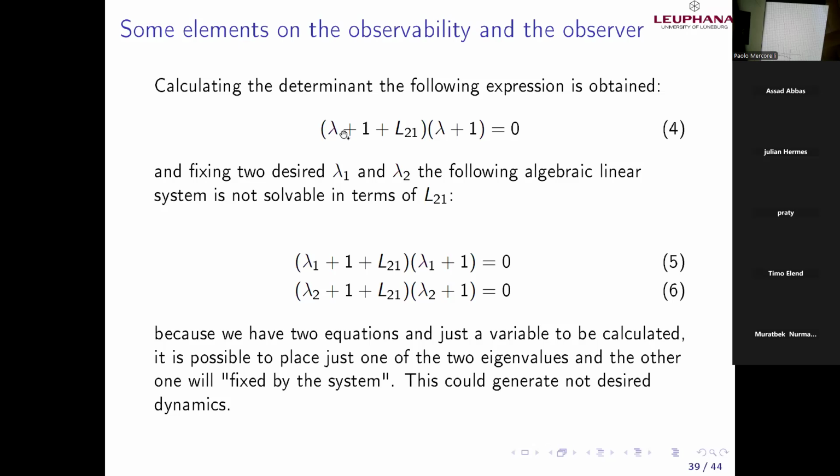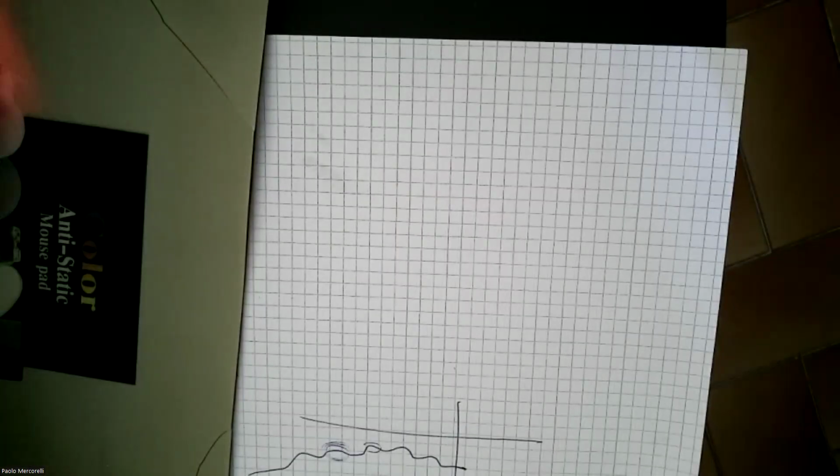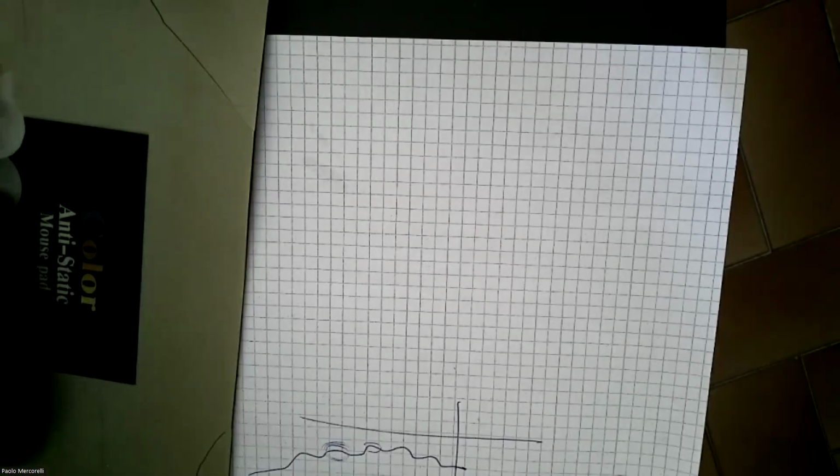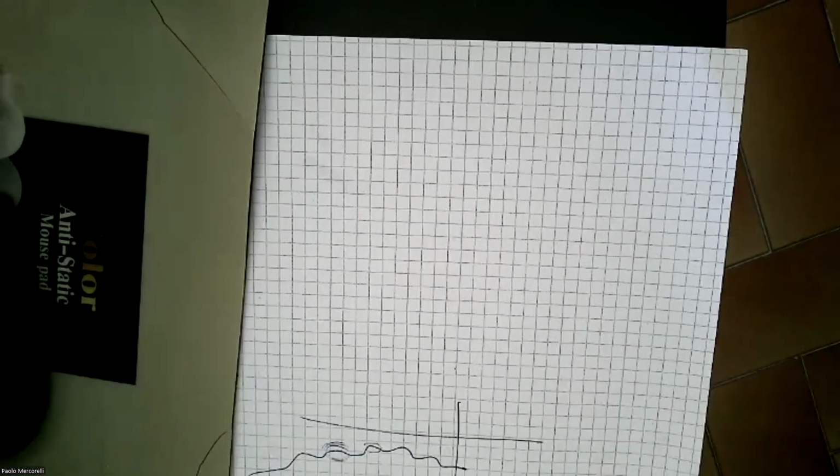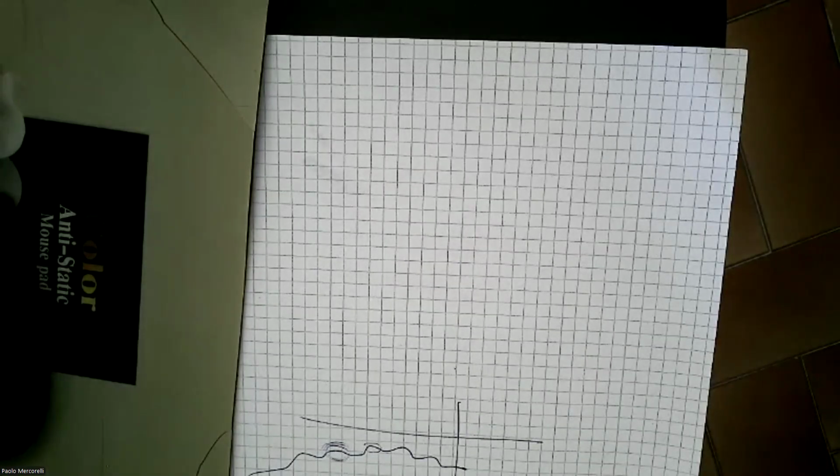If you do this product here, let me sketch. It's easier to show you the calculations mathematically than to explain with words.